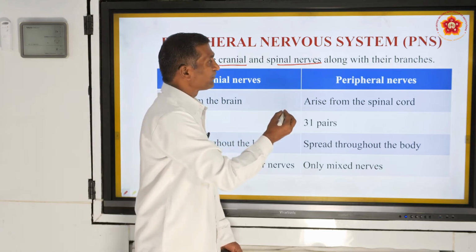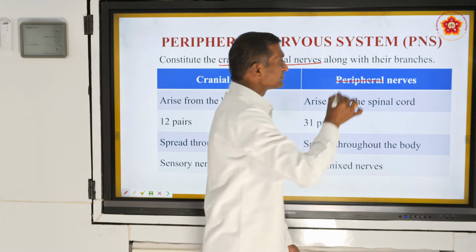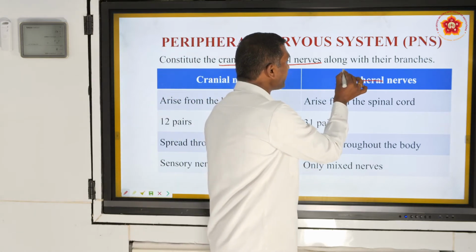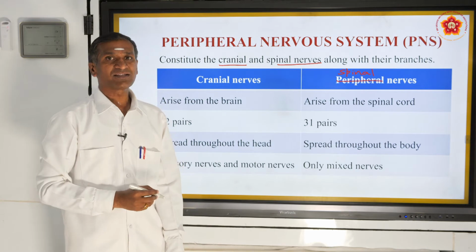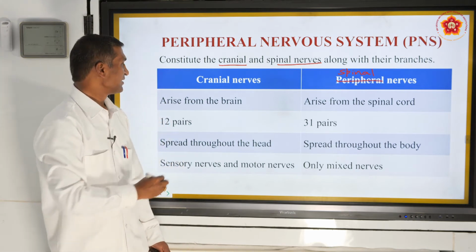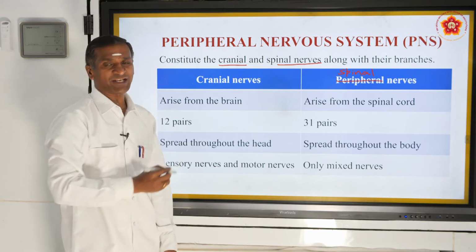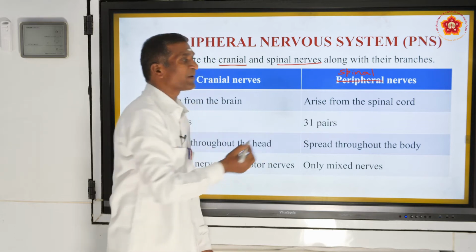The spinal nerves, extremely sorry, here you make it as spinal nerves, not the peripheral nerves, spinal. So spinal nerves, cranial nerves arise from the brain. Spinal nerves arise from the spinal cord.